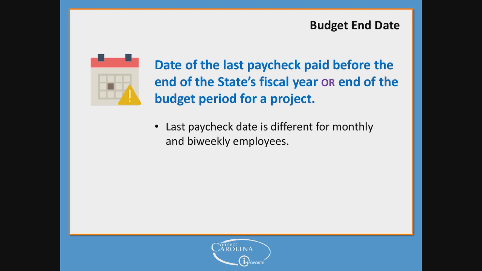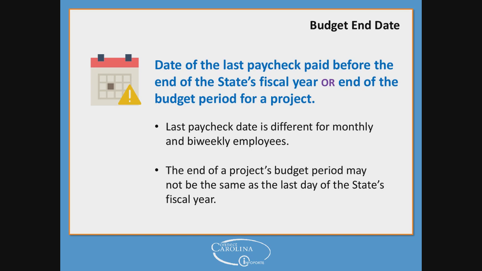Thinking about projects, the budget period for projects is not tied to the fiscal year. It's based on what the sponsor says it will be. It's a year period, but doesn't necessarily match our state's fiscal year, or it could be multiple years. The budget is set by the sponsor, based on how they decide to release the funds.